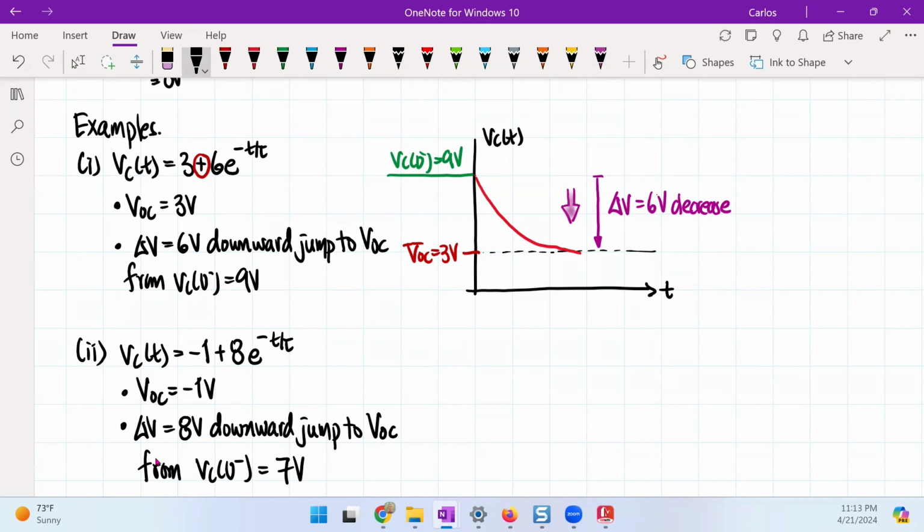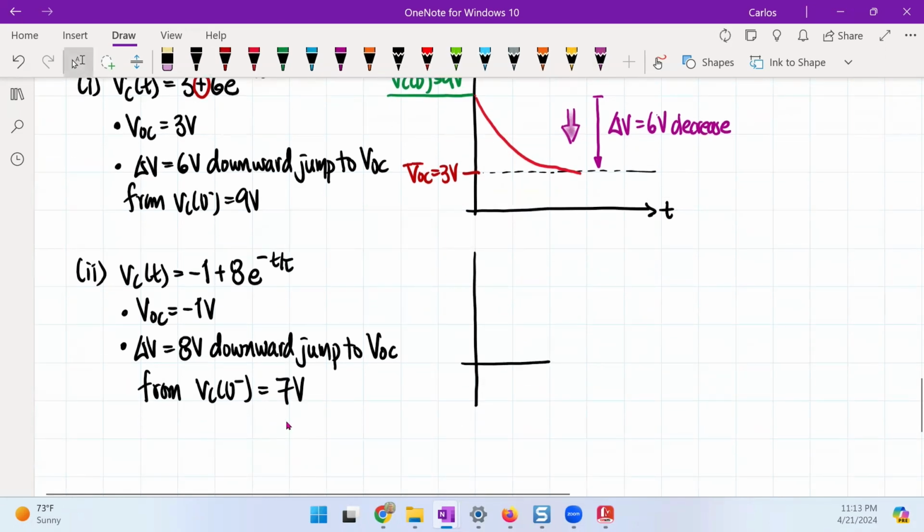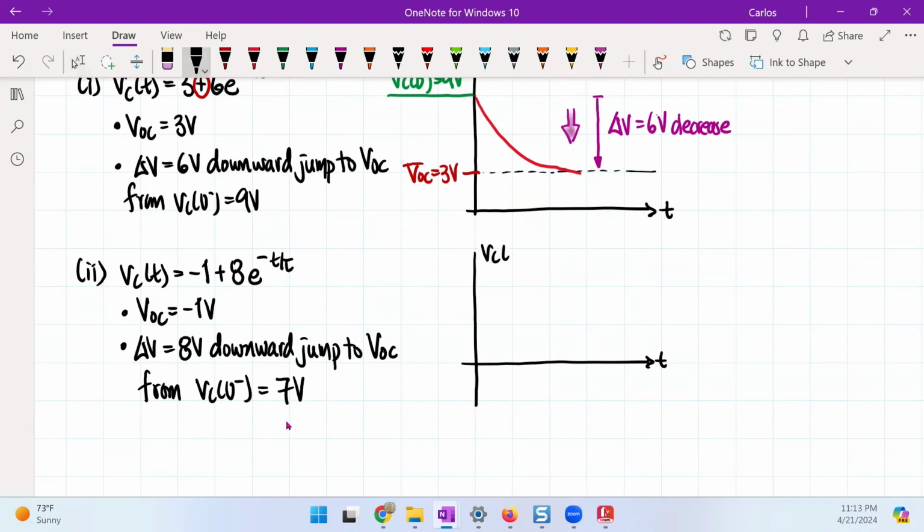So plotting this, here's what I'm seeing. I have an initial voltage VC of 0 of 7 volts. This is going to discharge all the way to VOC equals -1 volt.